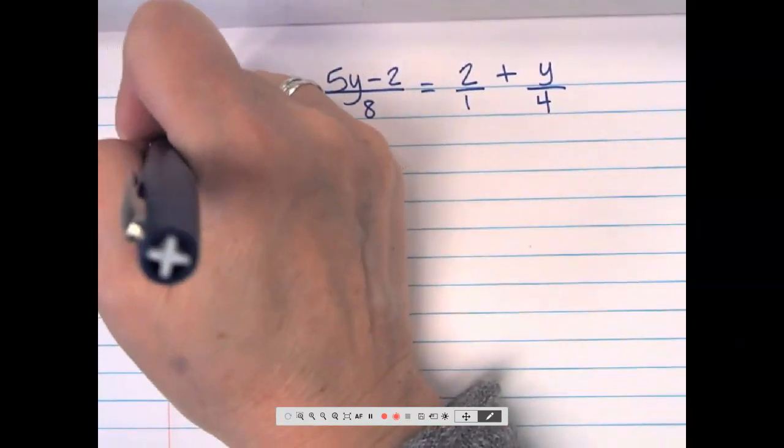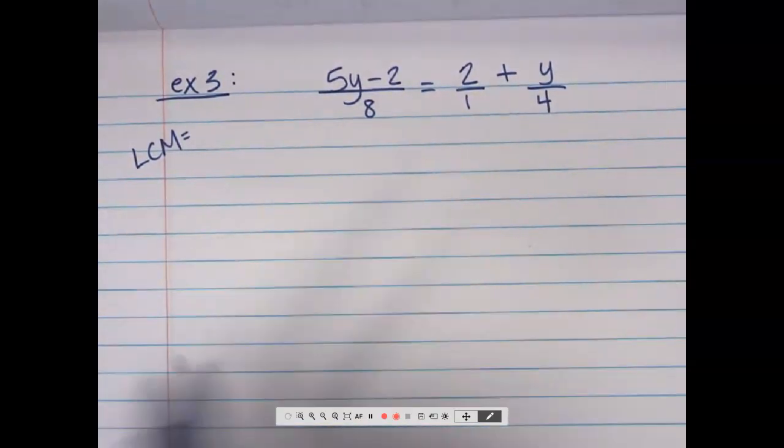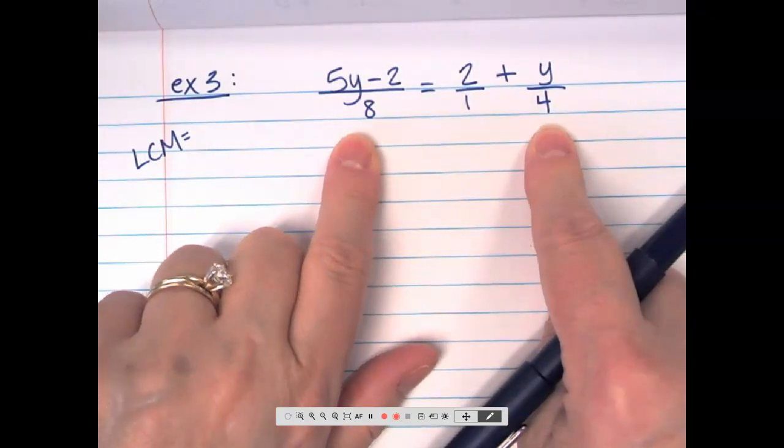So I'm looking for, look at all your denominators. What is the smallest number that 8, 4, and 1 will all divide into? 8. Okay, so this is what's confusing. The greatest common factor among those is 1. The greatest common factor among 8 and 4 is 4.